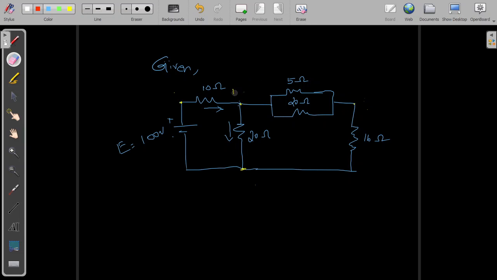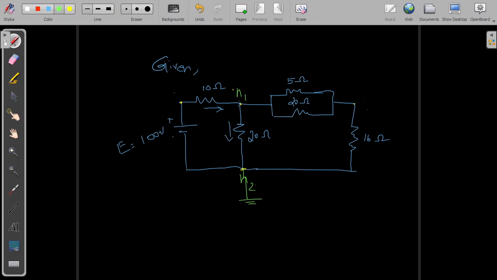And I'm considering only the principal nodes N1 and N2. From these principal nodes, I am taking one of the nodes as the reference node N2. This is my reference node N2, and this reference node is connected to the ground.